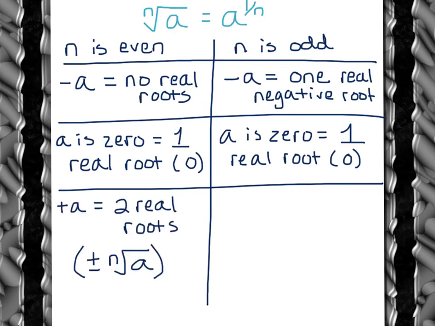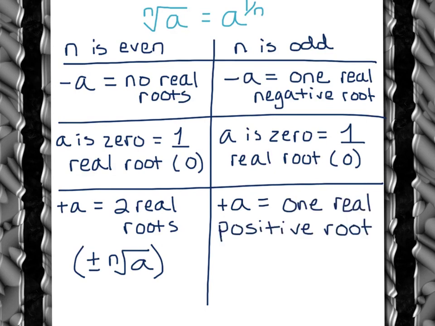Because, as we've been doing all along, if I take the square root of something, I get plus or minus. But if I have an odd root, any odd roots, cube roots, 5th roots, we're not going to have plus or minus. Because for the odd, the minus is a minus, and the plus is a plus, and they're separate. So just remember, if your n is an odd number, and you're taking the odd root of a positive a, you will still only have 1 real positive root.